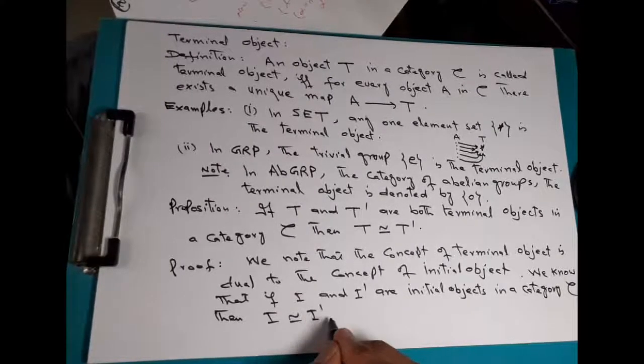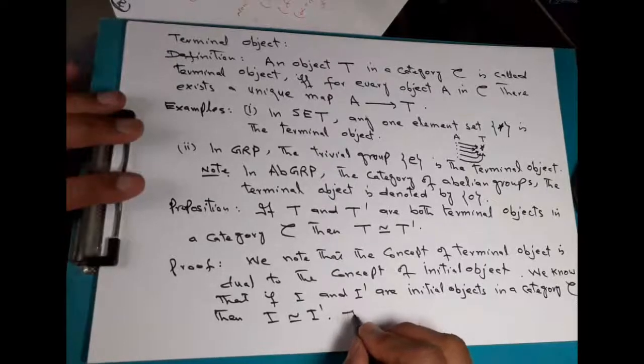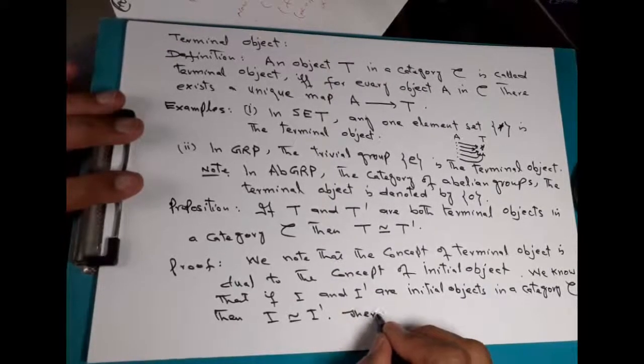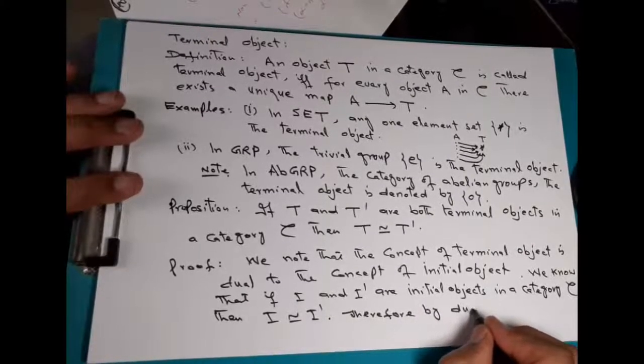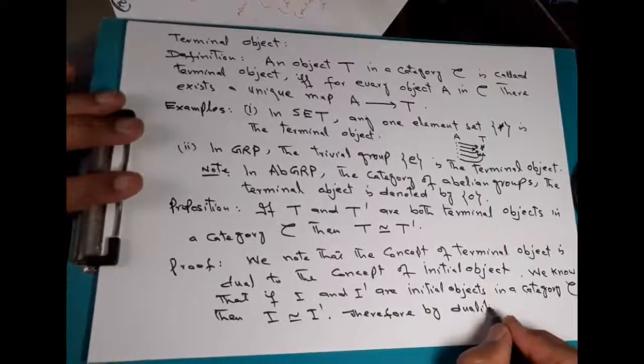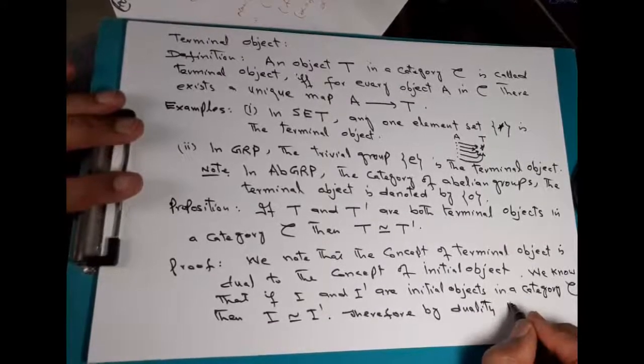We have in fact proved this fact in our previous proposition, and therefore by duality, T is isomorphic with T dash.